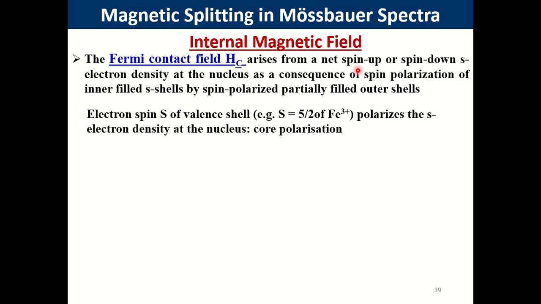Or vice versa, the number of spin down electrons is more at the nucleus as compared to spin up electrons. Then we call it spin polarization.